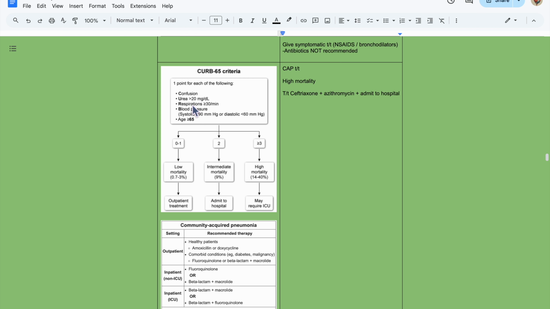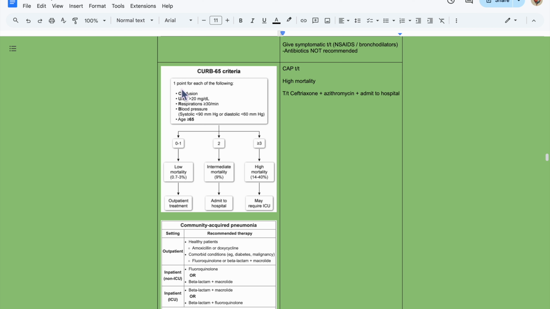Respiration, R, is more than or equal to 30 per minute. B is for blood pressure, where the systolic is less than 90 or diastolic is less than 60. Okay. And age is 65 or more. Okay.